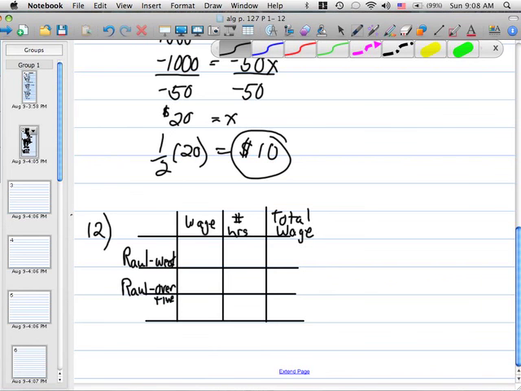So Raul worked daily for 2 hours after school, Monday through Friday. So the total number of hours would be 5 days at 2, so he worked 10 hours during a week. On Saturday, he worked 8 hours.